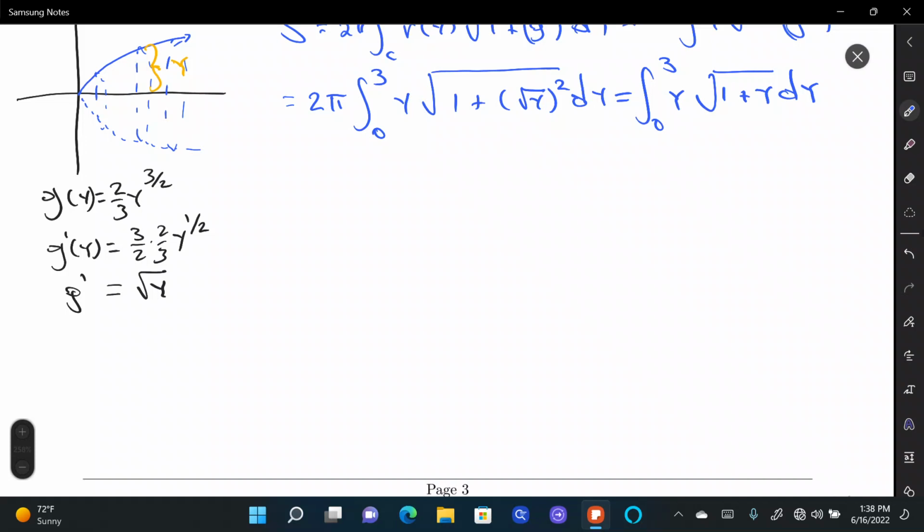Did you try maybe U substitution in this case? No? Well, looks like U substitution is not going to work, right? Because the quantity inside of the radical is not one degree higher than this y outside of the radical, right? Okay, so I'll take that.